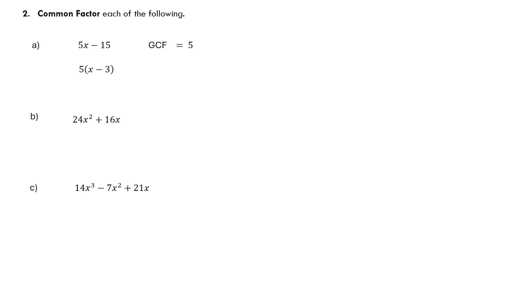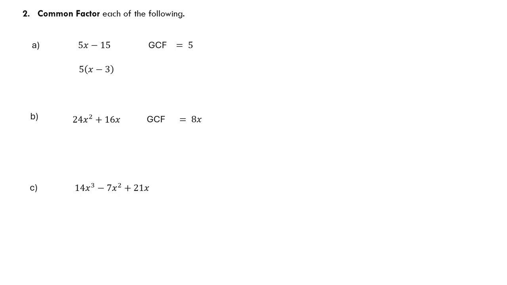Question B, 24x squared plus 16x. Now we have x in both of our terms, but let's start with the numbers. What's the greatest common factor between 24 and 16? And that happens to be 8.